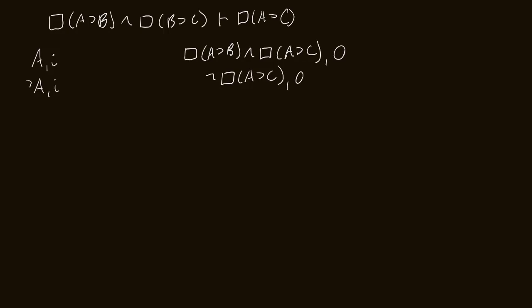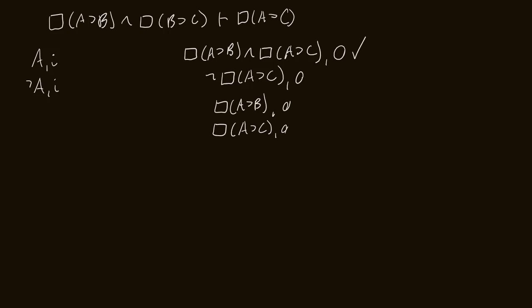So the first thing I see we can do right now is work on our premise, our conjunction up there. So let's just write those individually on one branch. We'll say square if A then B in 0, and square if B then C in 0.